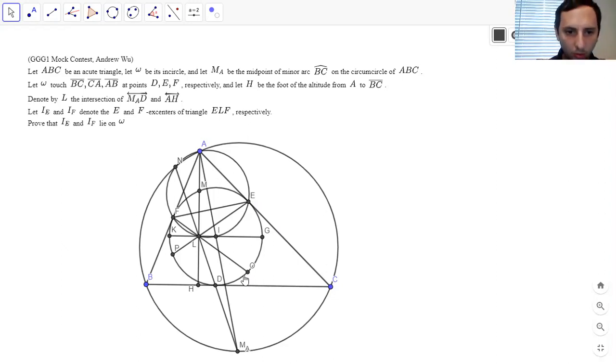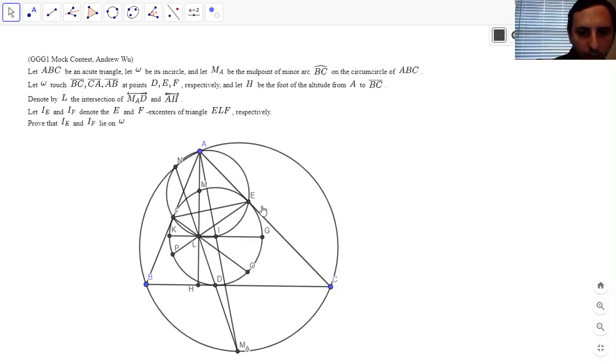Okay. So how did you show that G is the midpoint of arc EO? Oh, that is because angle ELI is equal to angle OLI. Okay. Because ELI, how do we know?